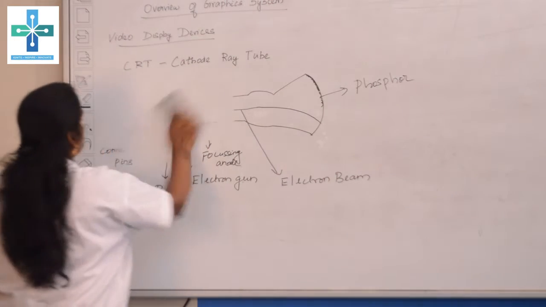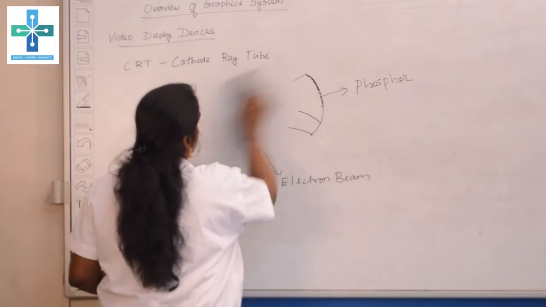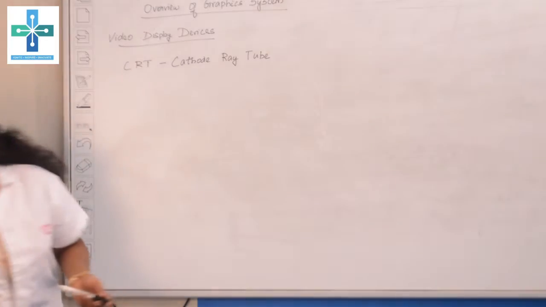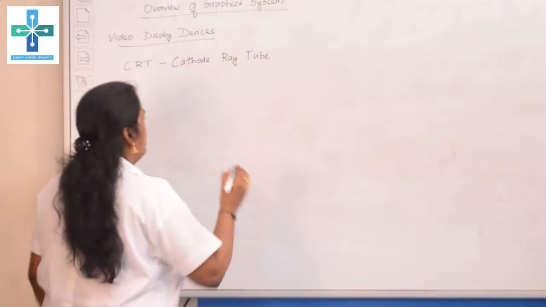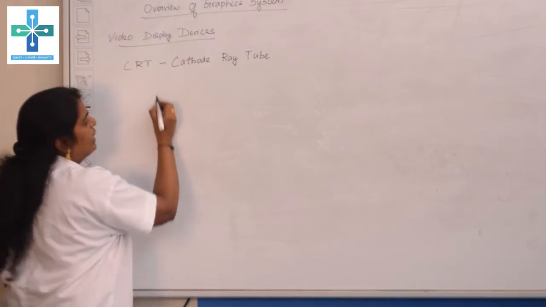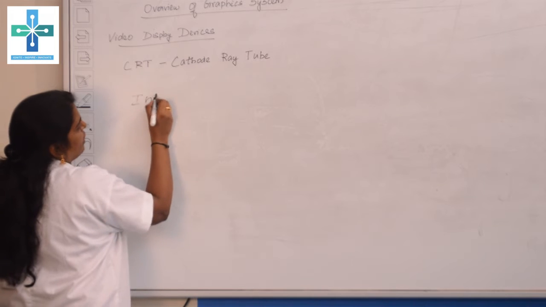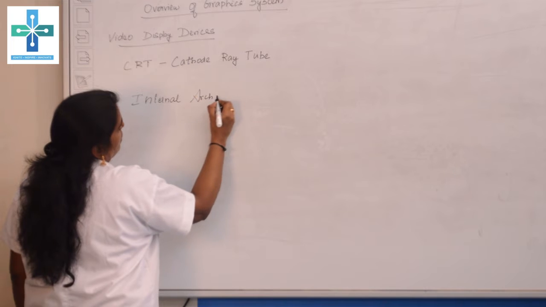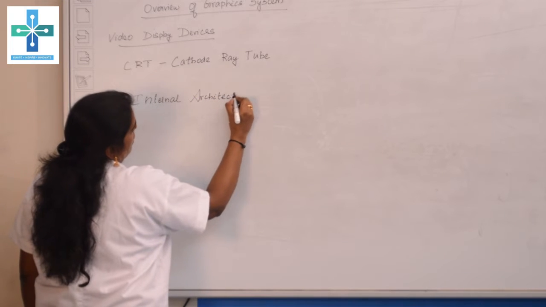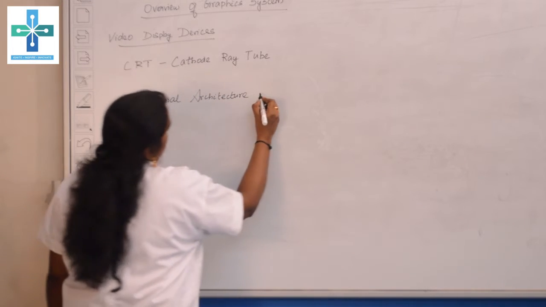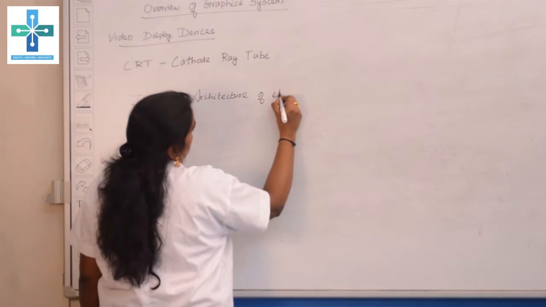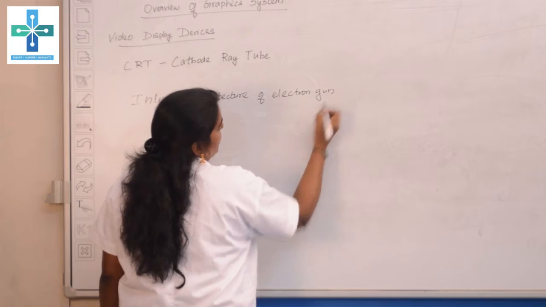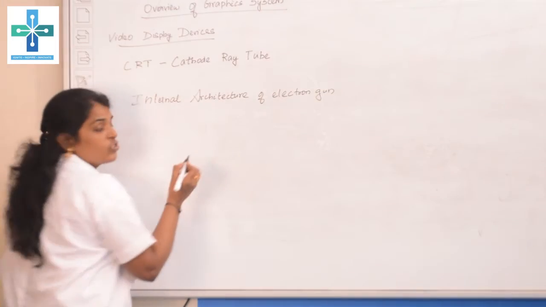Now we are going to see the internal architecture of the electron gun. This electron gun consists of two things.